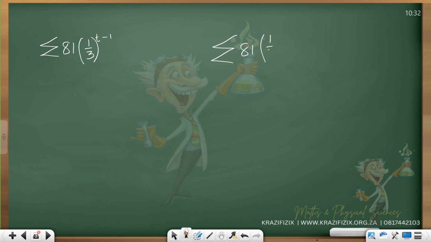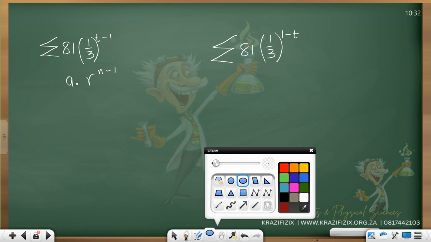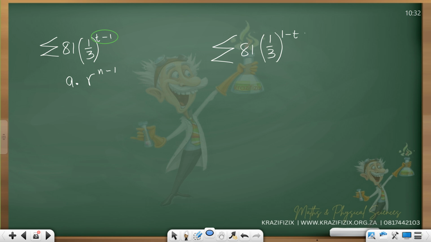Okay, I want us to start growing now. Look at that. Now, if I look at the one on the left, A times R to the power n minus 1, you notice that the t minus 1 and n minus 1 are in alignment.